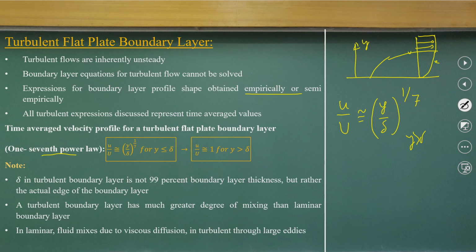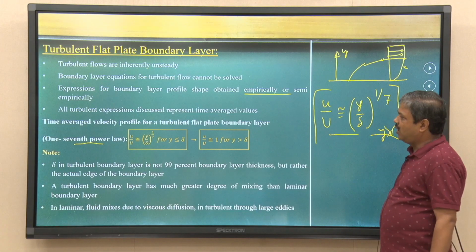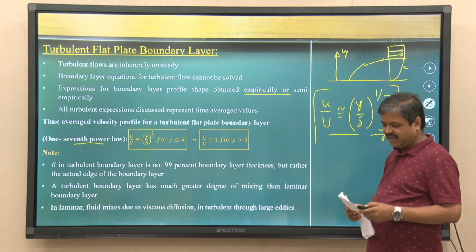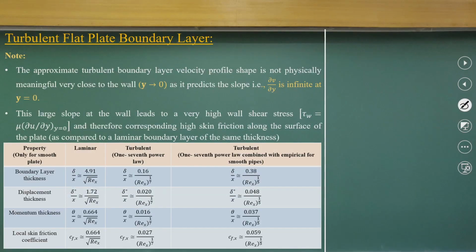So, one very simple empirical equation obtained from the experimental data is called the 1/7 power law. The same equations are given in different formats, which we will go for next.